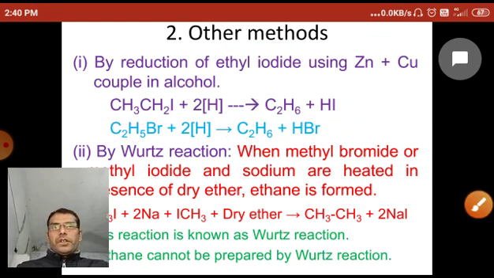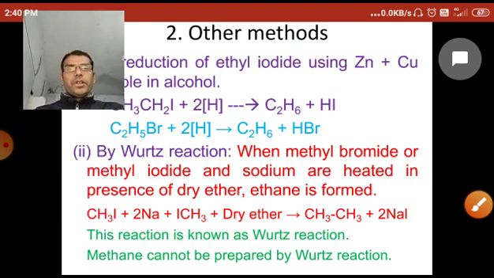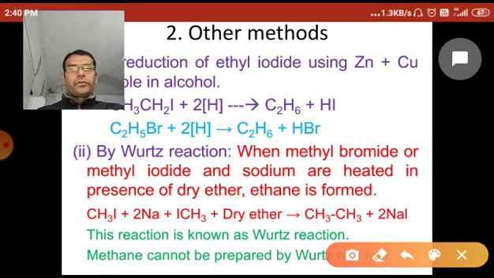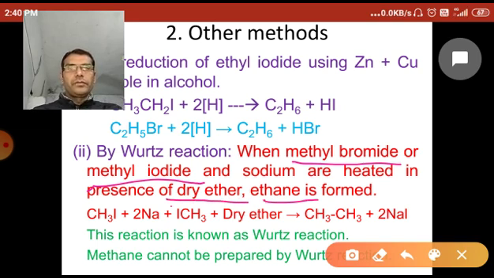Now another method is the Wurtz reaction. So first, what is the Wurtz reaction? When methyl bromide or methyl iodide, either one, reacts with sodium in the presence of dry ether, they produce ethane, and that reaction is called the Wurtz reaction.